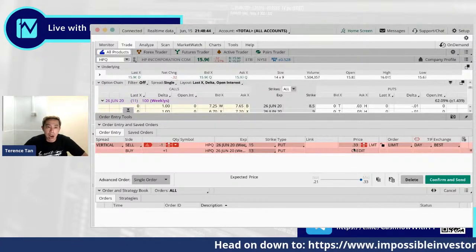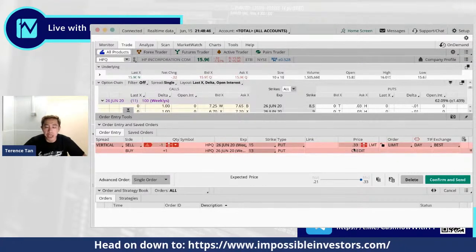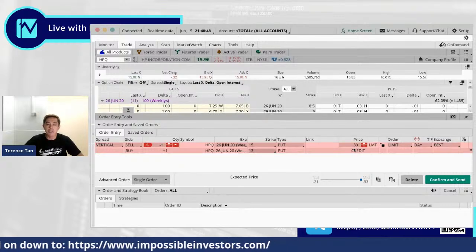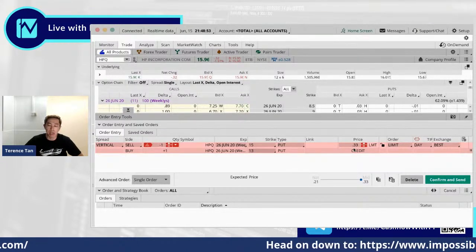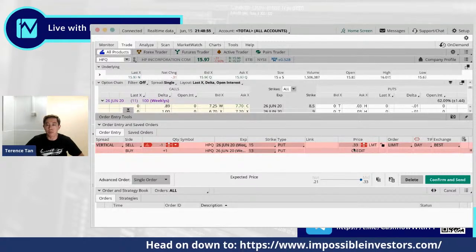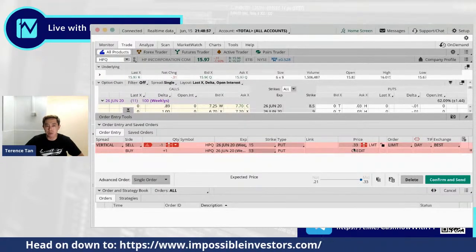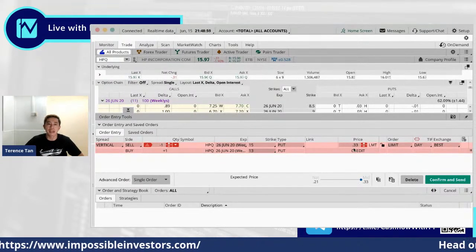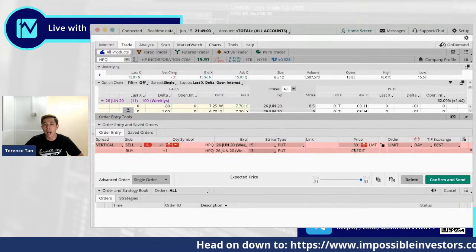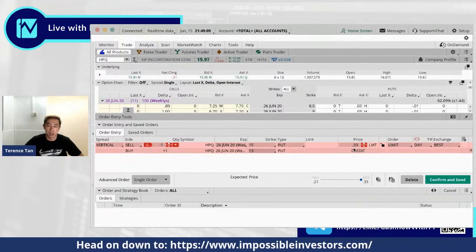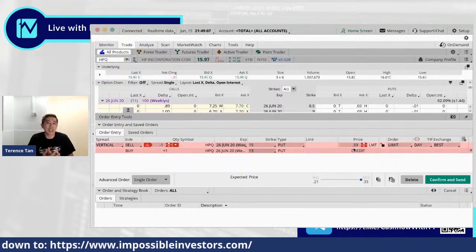What's our risk? Our risk would start if HPQ were to fall below $15 by the 26th of June. The biggest risk on this trade is if HPQ goes even below the $13 put by the 26th of June. Everything is already mapped out and very clear.